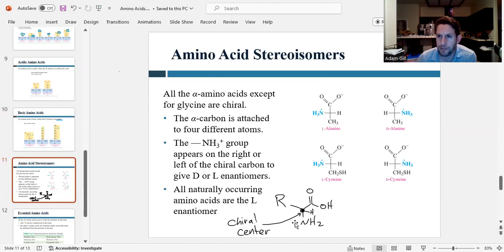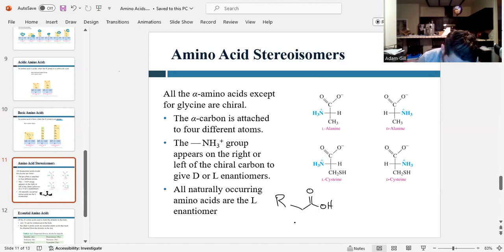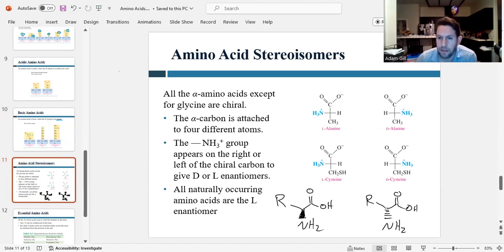Now, chiral centers can exist one of two ways. You can have the NH2 coming towards you, or you can have the NH2 going away from you. And these would be the enantiomers or the stereoisomers of each other.